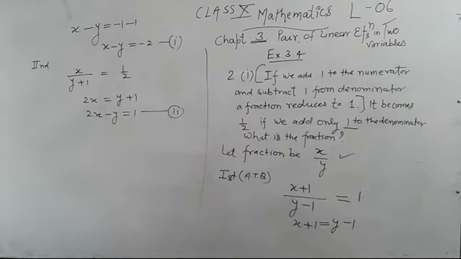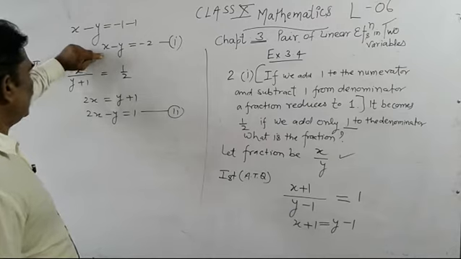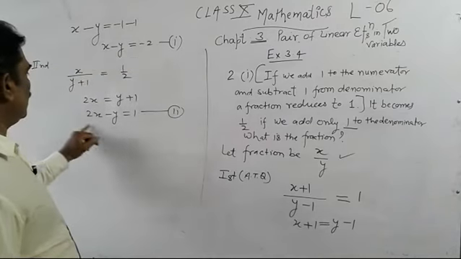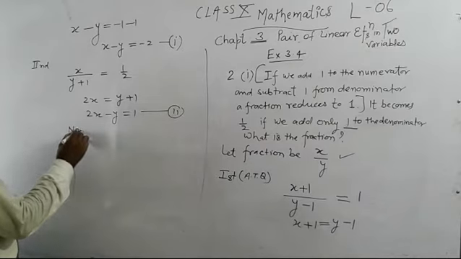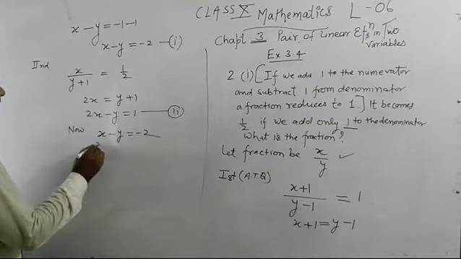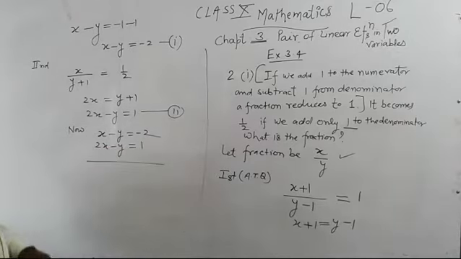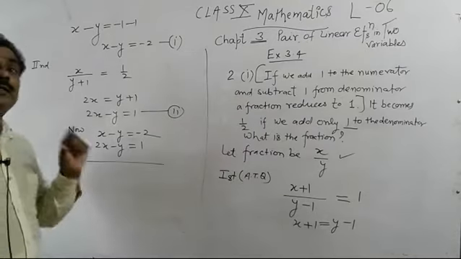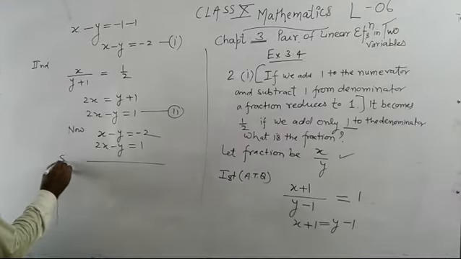So students, here it is very clear that we have two equations, x minus y is equal to minus 2 and 2x minus y is equal to 1. Now, from both the equations, here the coefficients of y are equal and having the same sign which is negative, so we subtract.